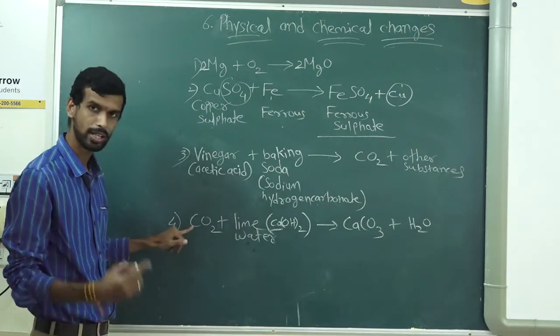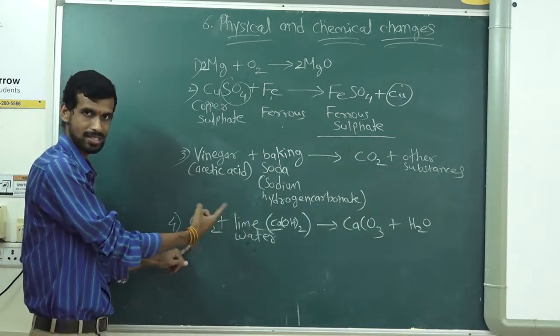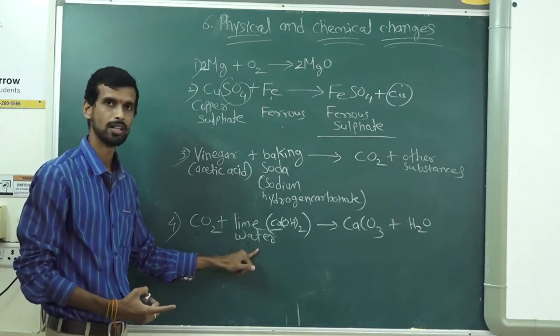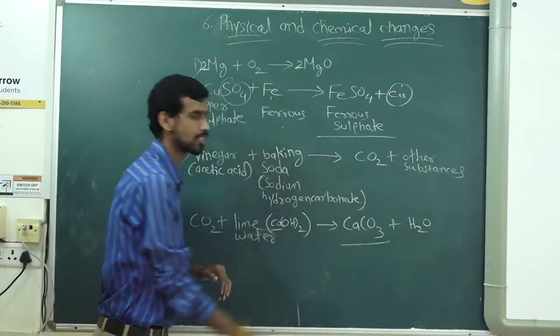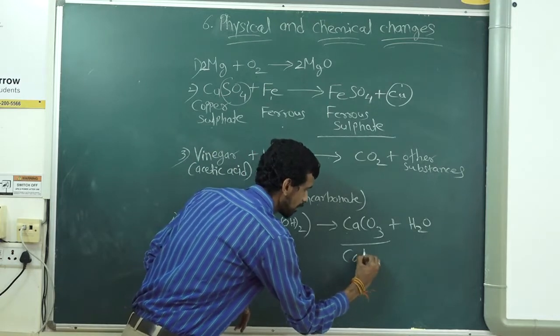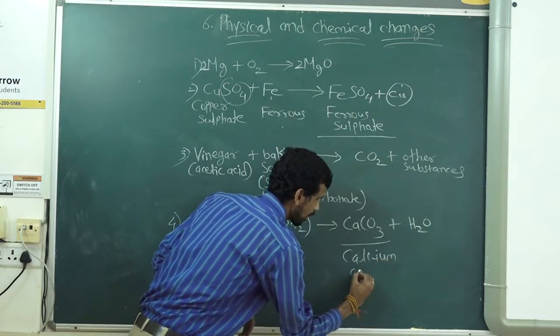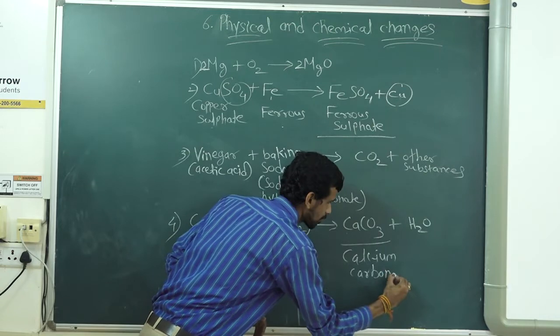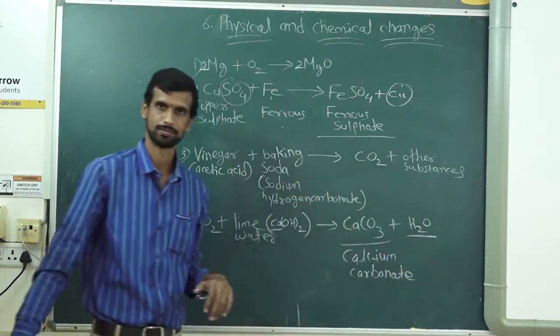So what can we do? When we pass carbon dioxide into lime water, what do we get? We get a new substance called CaCO3, the name is calcium carbonate, and we get water.